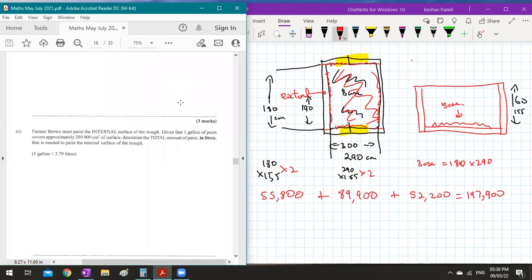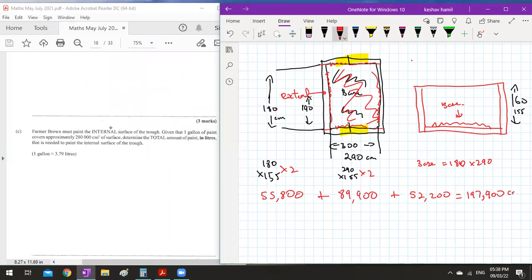Now they say 1 gallon of paint covers approximately 280,000 centimeters squared. We do have 280,000. So how much do we use? We wouldn't use a full gallon, we'll use less, right? So we know 1 gallon covers 280,000, we wouldn't use a whole gallon, we'll need less.